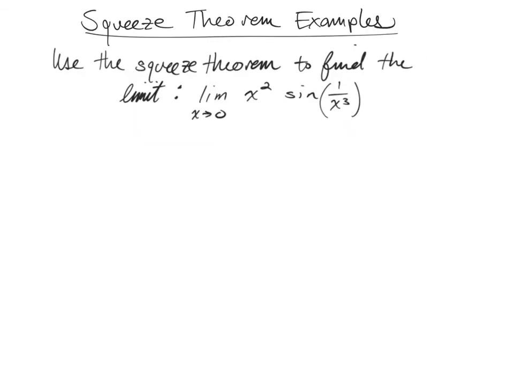On this slide, we will see an example of the squeeze theorem, and we will need to use the squeeze theorem to find this limit right here. The easiest way to know that you will need to use a squeeze theorem generally is that there's an oscillating function, a function that bounces between two different y values, and another function that you can find the limit for nicely.